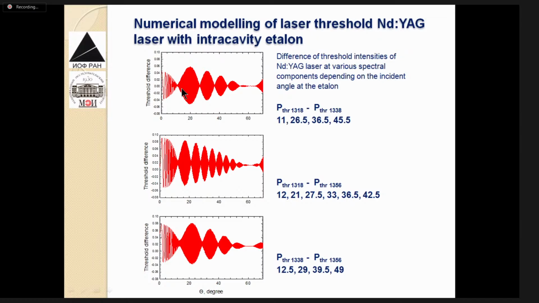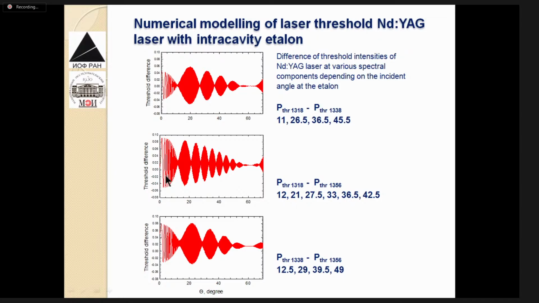There are some positions, at angles of about 11, 26, 36, and 45 degrees, that have a difference of about 0, and this is rather broad angularly. For example, from 10 to 12. The exact position is 26, but in reality it is a little bit broader.